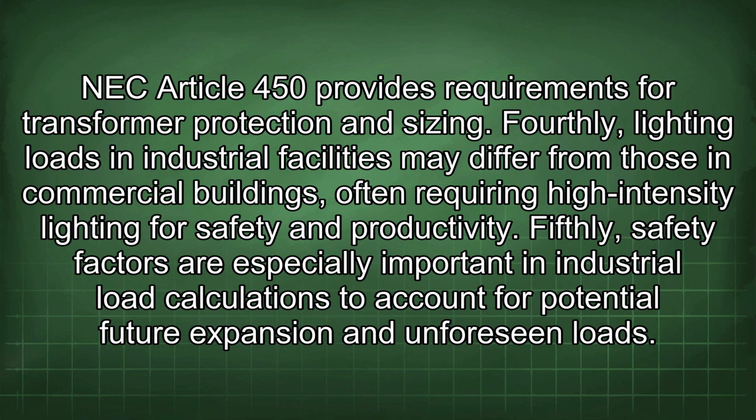Fourthly, lighting loads in industrial facilities may differ from those in commercial buildings, often requiring high-intensity lighting for safety and productivity. Fifthly, safety factors are especially important in industrial load calculations to account for potential future expansion and unforeseen loads.